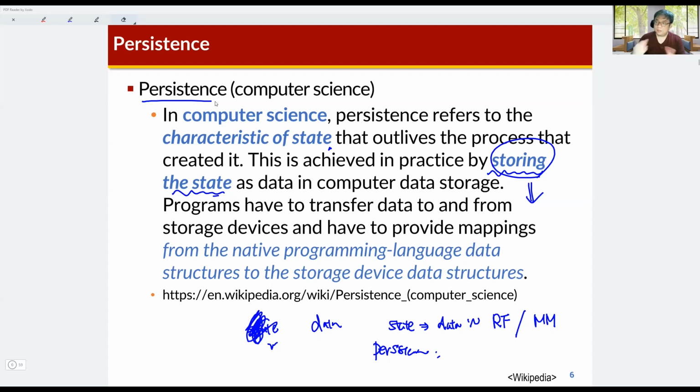So if the computer system crashes or failures happen, we can recover this data from the storage devices. To support this function, the application needs to store its data or state to the persistent memory or storage devices. So, persistence.